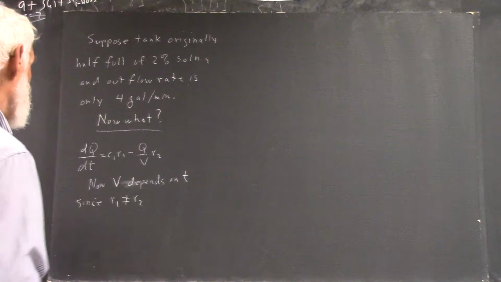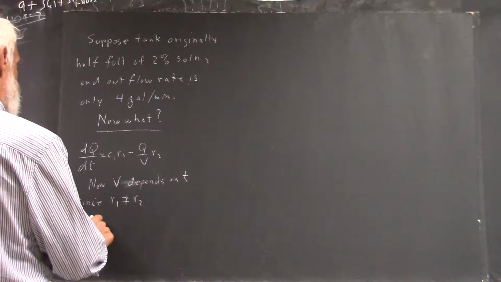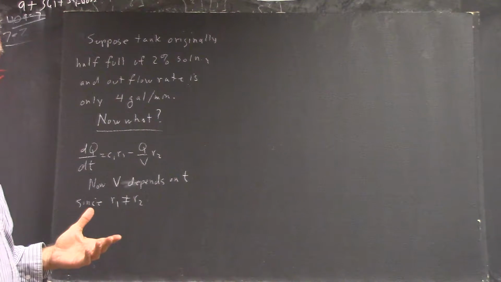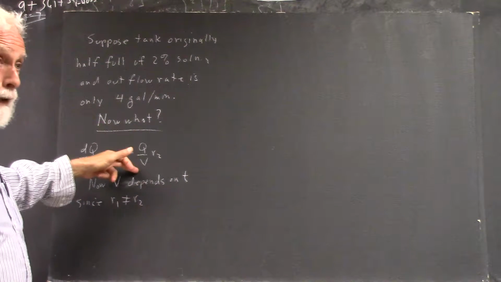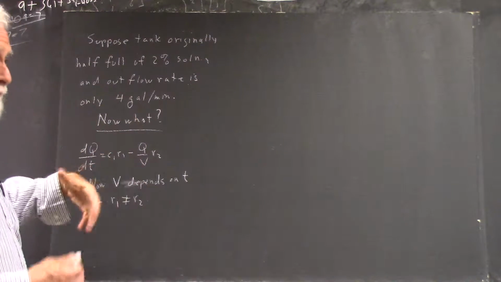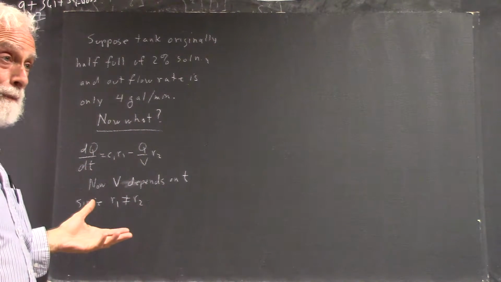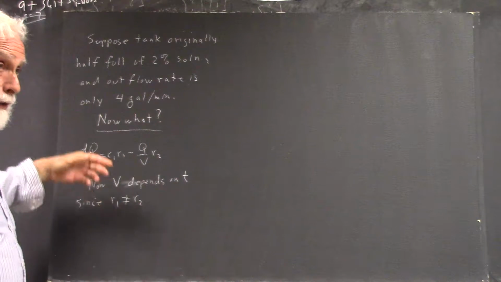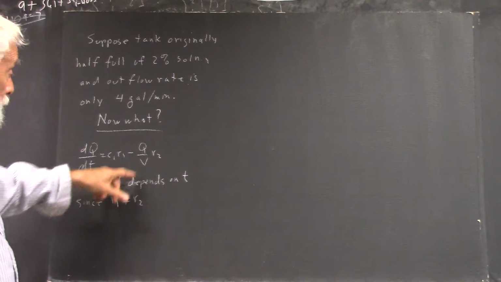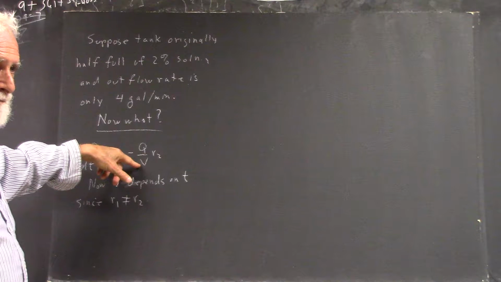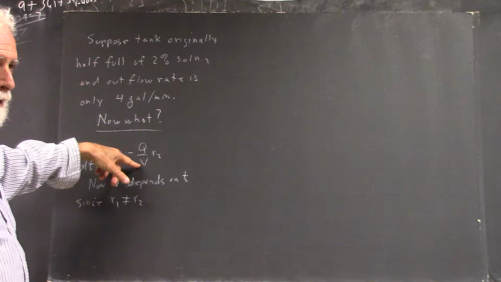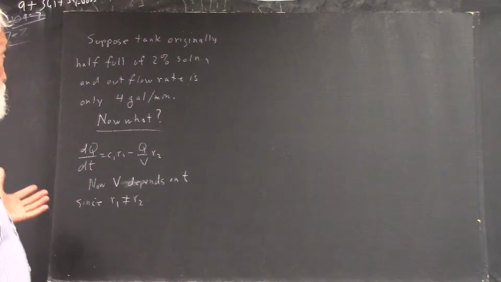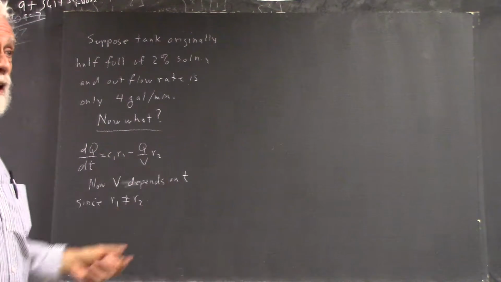So my question is, everything else is the same. You still have Q over V, it's just that V isn't just a symbol, it's a function. But R1 and R2 are just as they were, so C1, you've got this entertaining anomaly here, okay? And that's certainly a situation that's not uncommon.